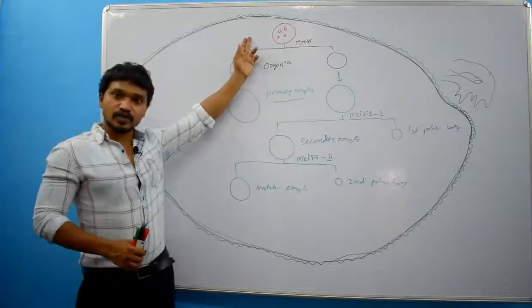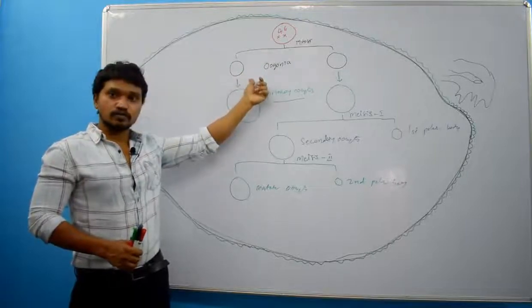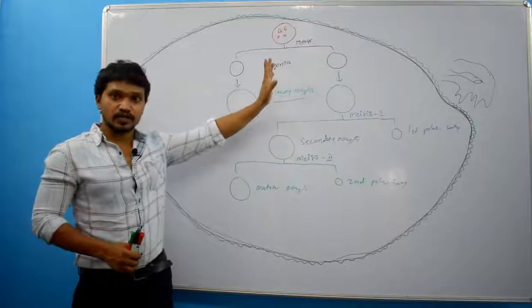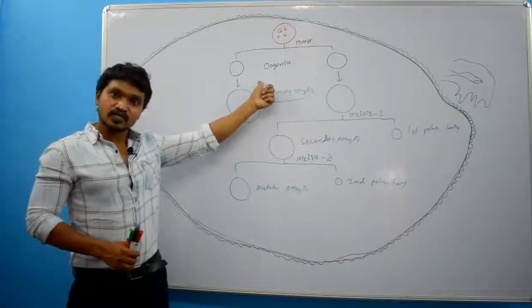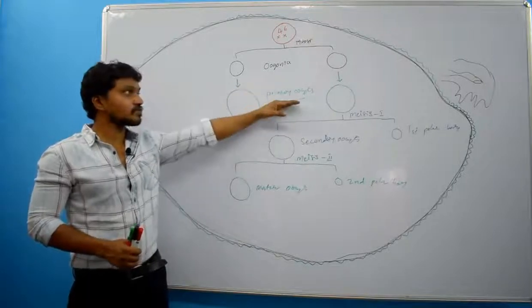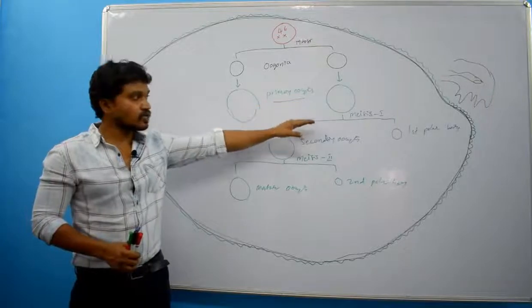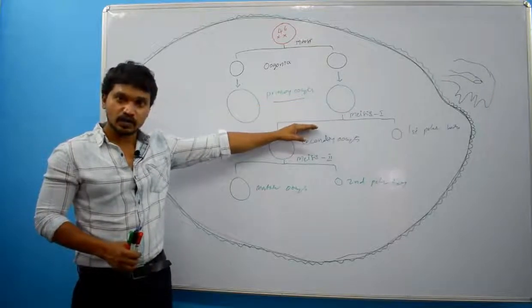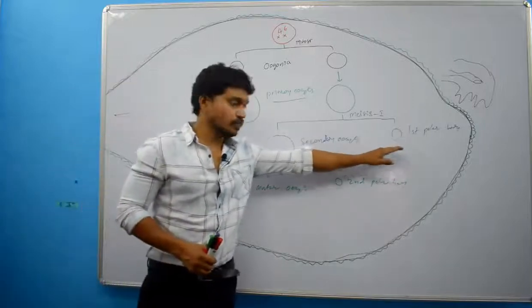Actually, this is a very brief idea about oogenesis. From the primordial sex cells, oogonia will form by means of mitotic division. These oogonia enlarge and become primary oocytes. These primary oocytes undergo meiosis I and produce secondary oocyte and first polar body.